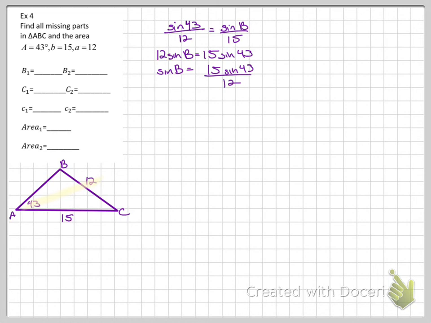To get B out of sine, you do inverse. Remember, we're finding B1. You're going to do second sine to get inverse sine of 15 sine 43 over 12. If we do that carefully, angle B1 should come out to be 58.484, and we're going to need to store this back in A because we're done with problem 3.